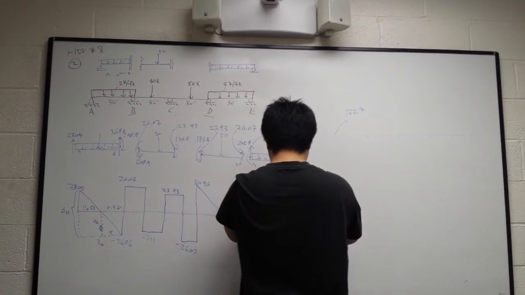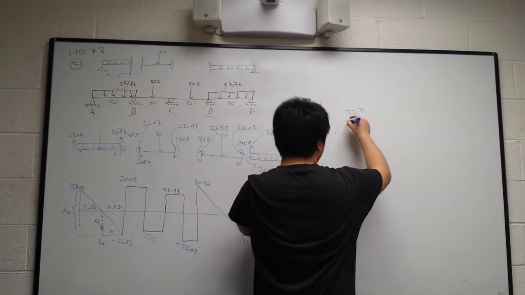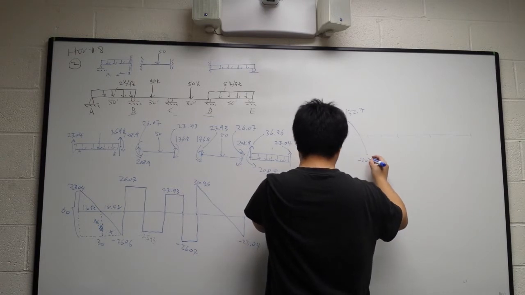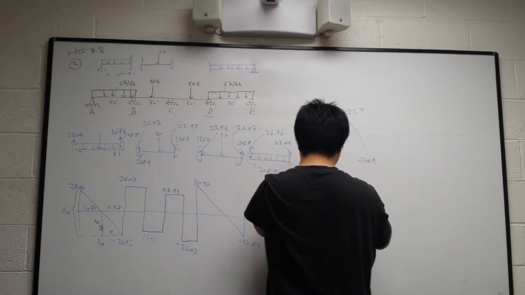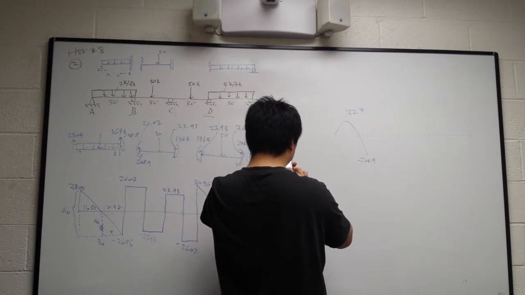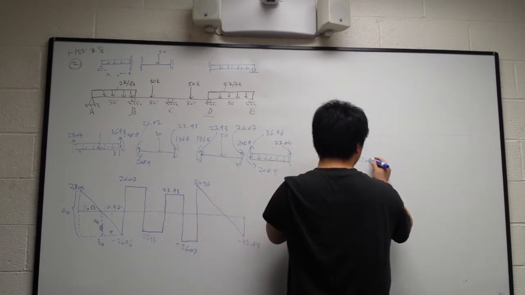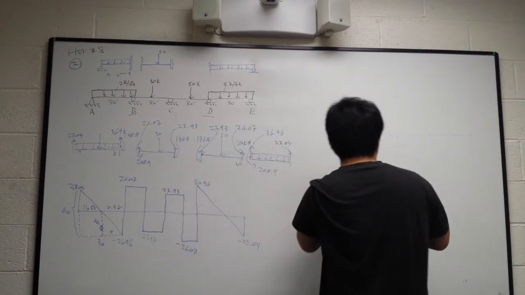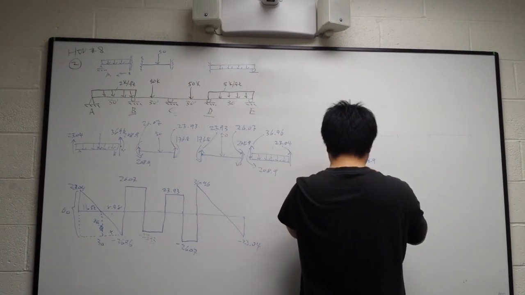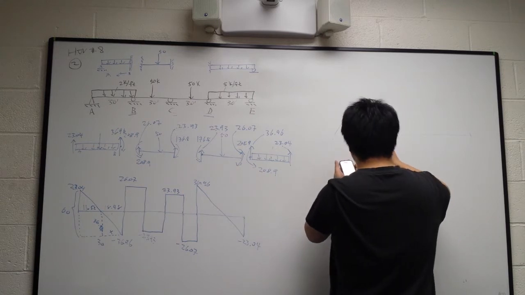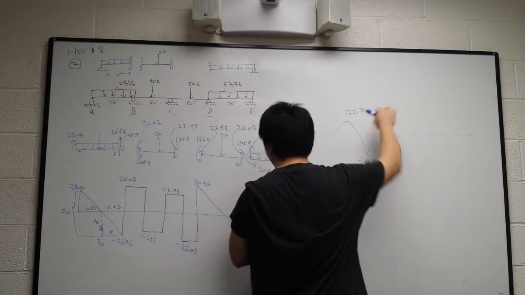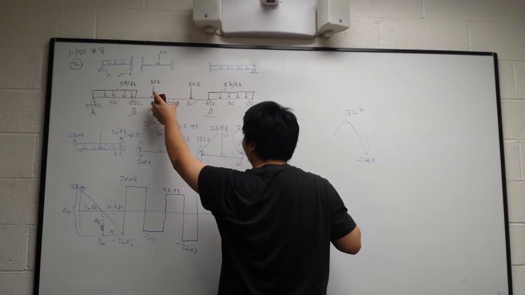You're going to have, bring it back to negative 208.9. And then you add this area, it's going to bring it up to, oh yeah, this is parabolic and this is linear because you have distributed load and the rest is point load.